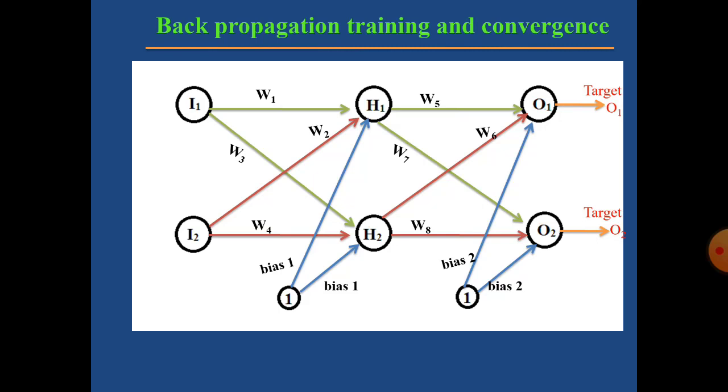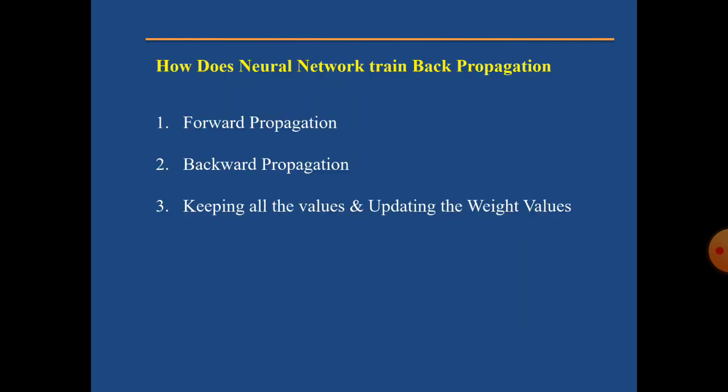This out O1 is compared with the target O1. Till that point we are moving in the forward direction. Now we calculate the difference between the target O1 and out O1, the error rate. If there is any error, we move in the backward direction, that is backward propagation.